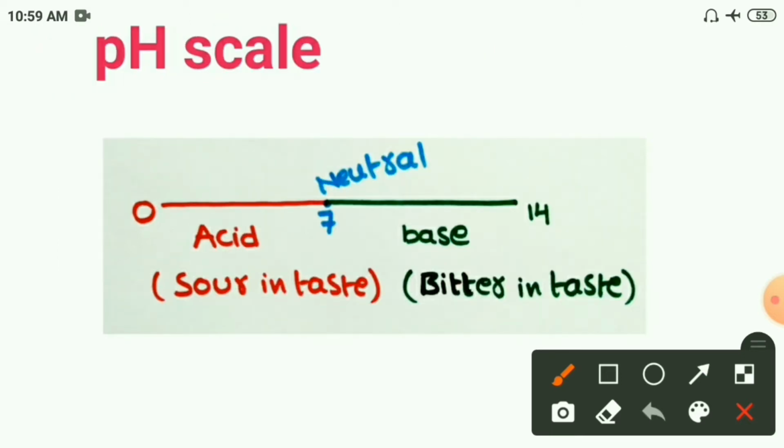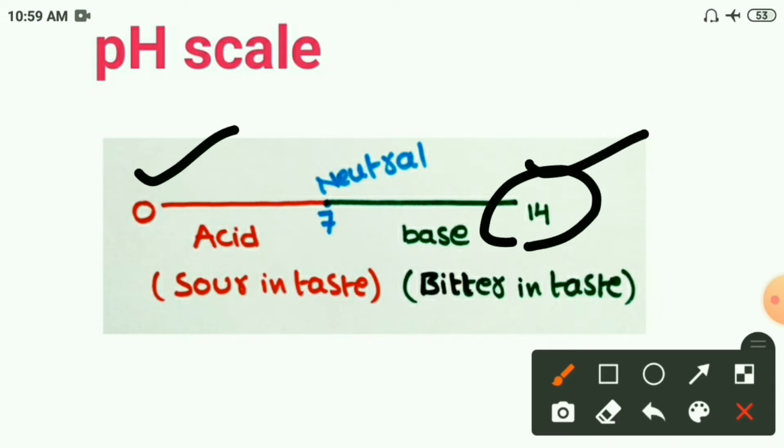In this pH scale, the values run from 0 to 14.